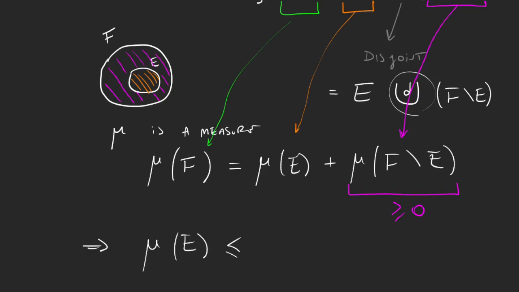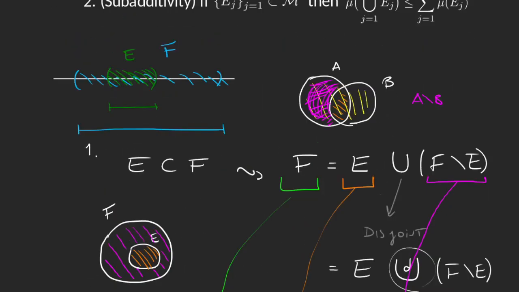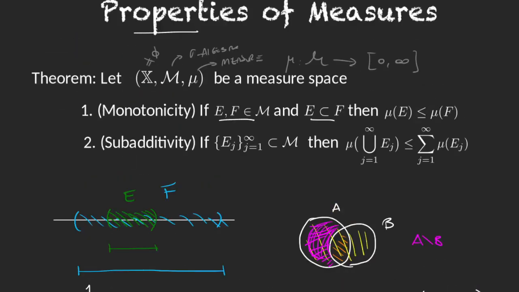It could be equal because the measure of the difference could be 0, but it's smaller than or equal to the measure of F. Because in order to get this equal sign, we have to add to the measure of E a positive number. So that proves part A in this theorem. We have now monotonicity. Perfect.